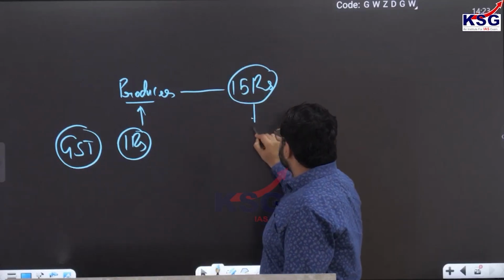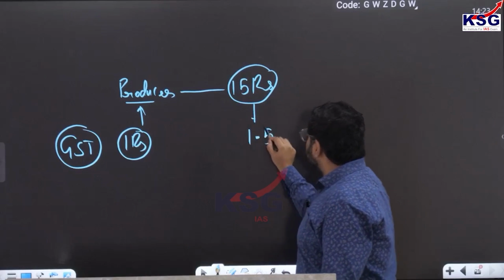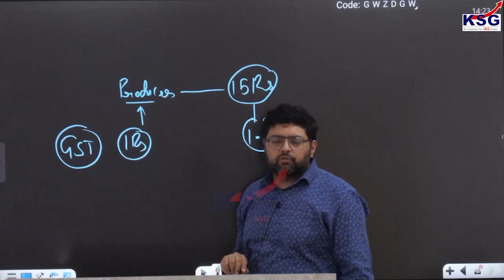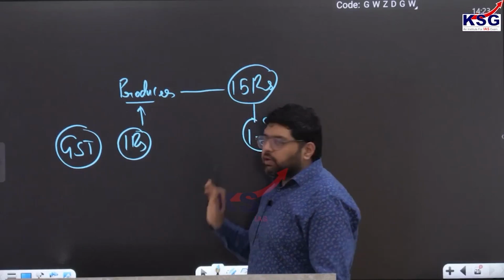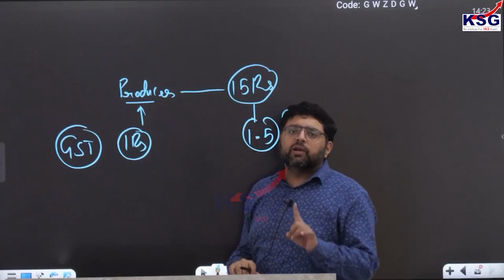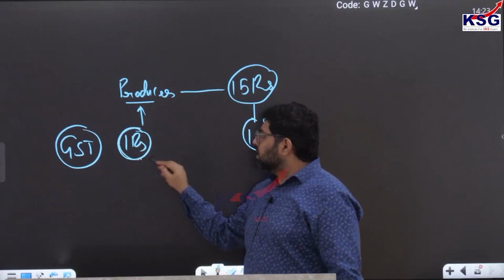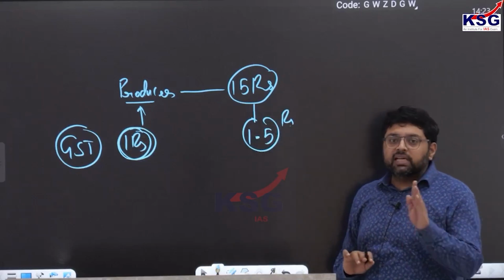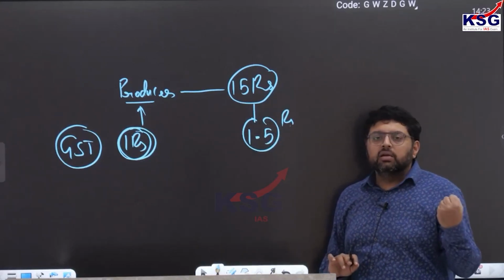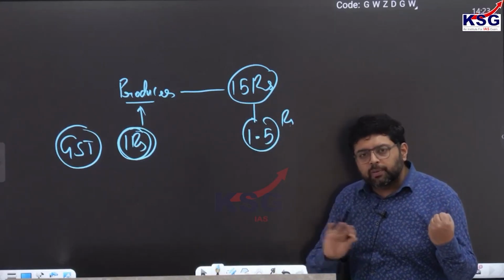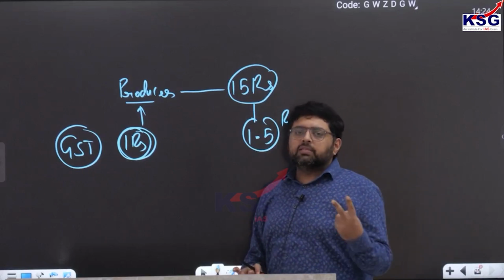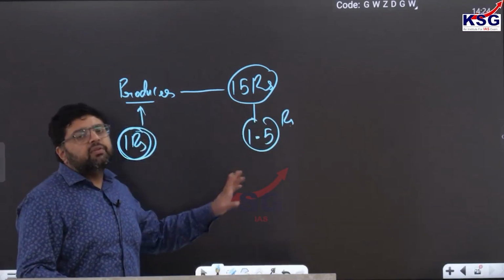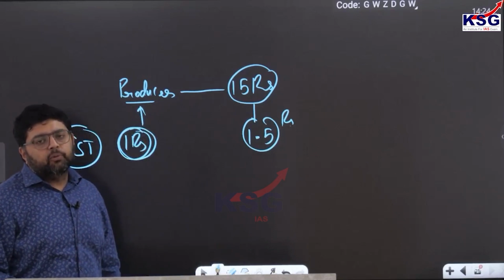From the consumer you charge 1.5 rupees as GST, that is, you sell at 16.5 rupees. But you give the GST office only 0.5 rupees, because you tell them that you have already given 1 rupee. GST has to be recovered from the consumer, not paid by the producer. Plus, we want to ensure there is no cascading effect. That is why we have kept this mechanism, input tax credit.